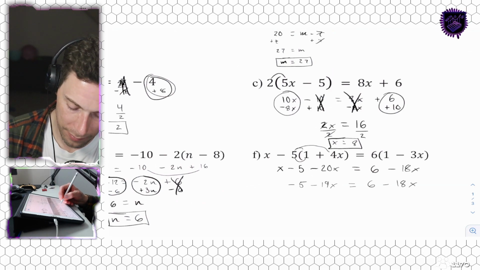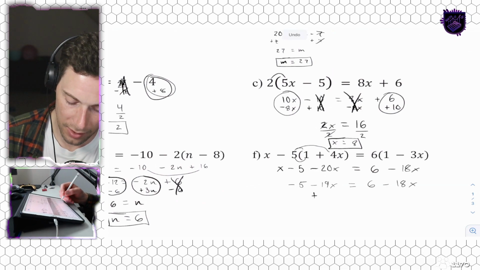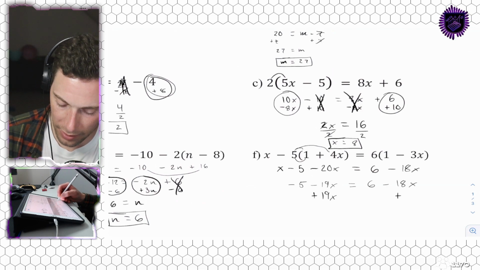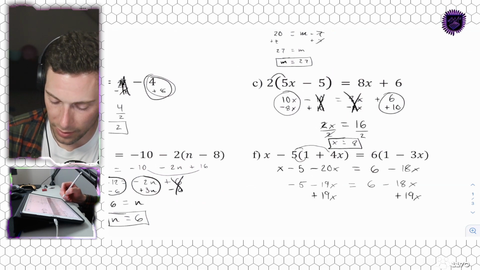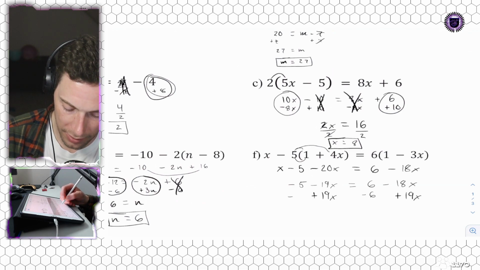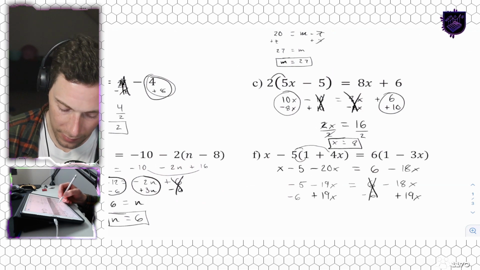Let's plus 19x here, plus 19x here. Let's minus 6 here and minus 6 here. Hard cancel. That cancels.